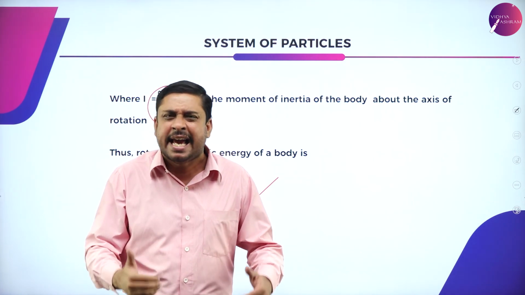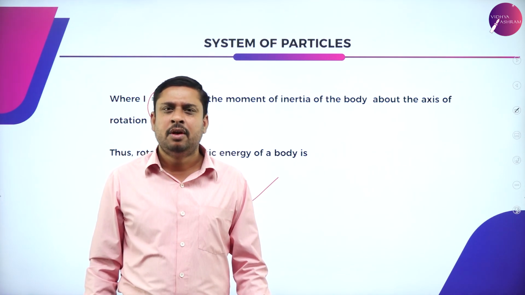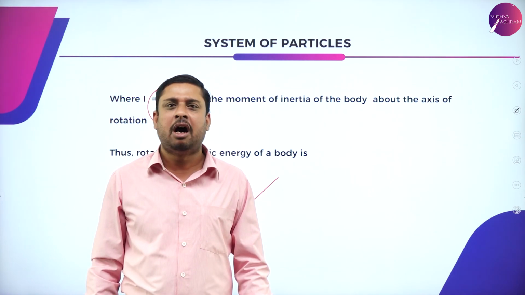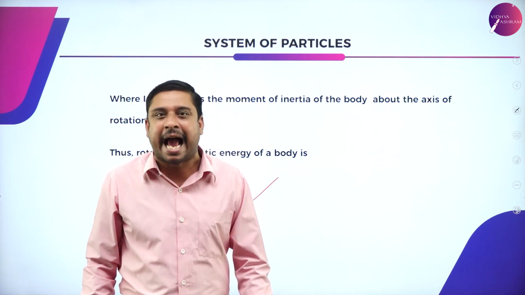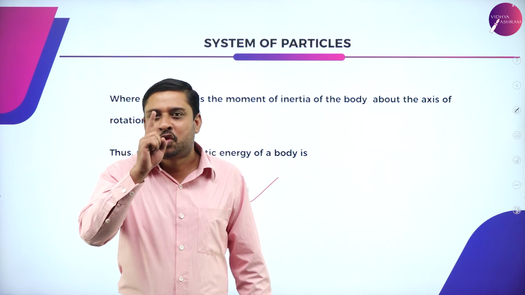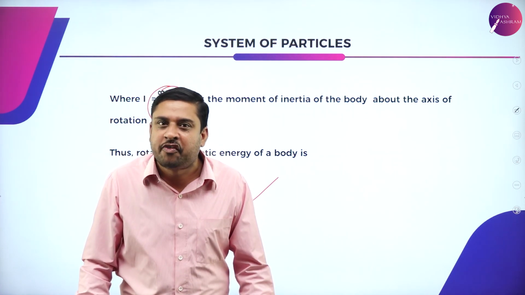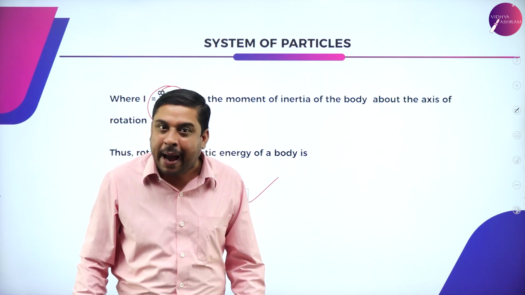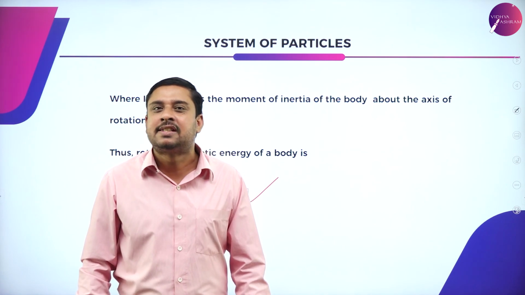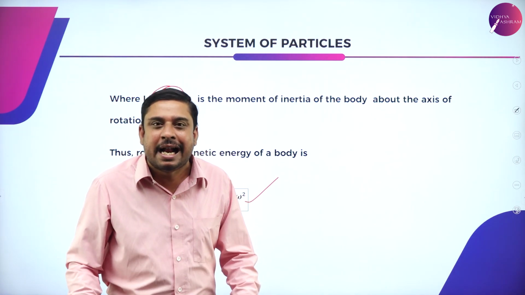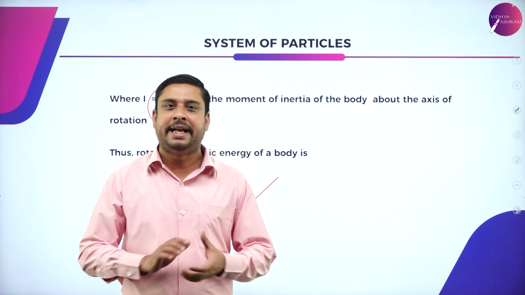I is Ix plus Iy. Parallel axis theorem: moment of inertia of any body about any axis should be equal to the sum of moment of inertia about a parallel axis and product of mass and the square of the distance. And now we studied kinetic energy of the rotating body.